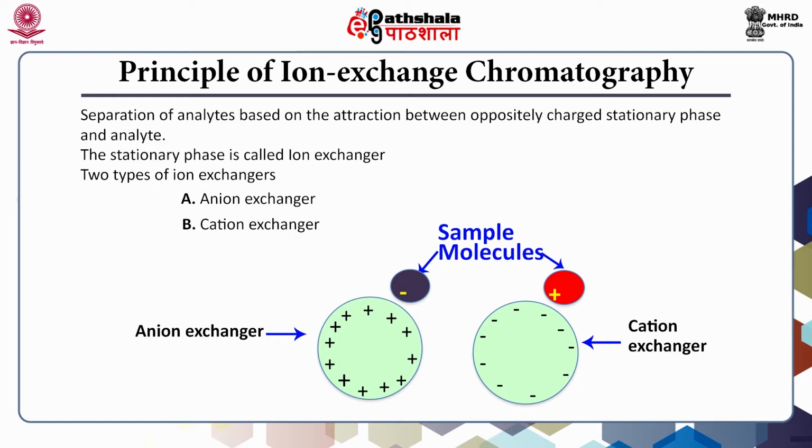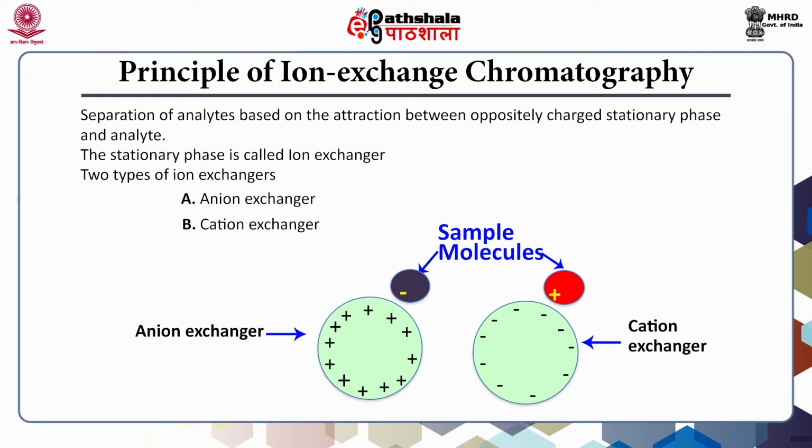So, these positively charged groups can attract negatively charged ions on the surface. So, whichever has higher negative charge, that can exchange the existing negative charge molecules attracted on the surface of the anion exchanger.